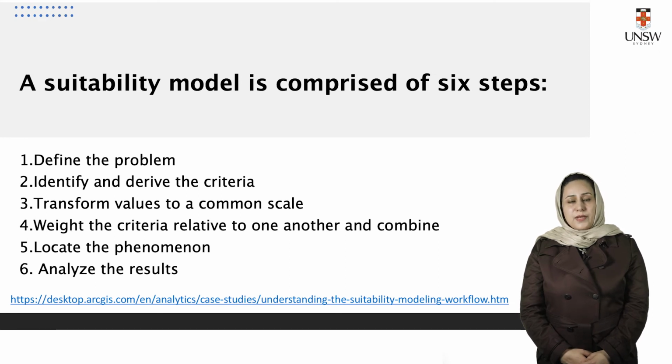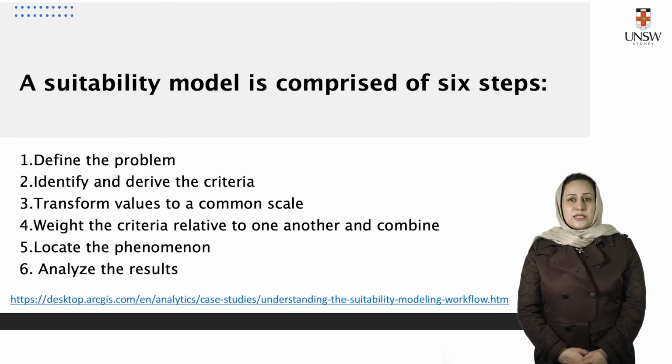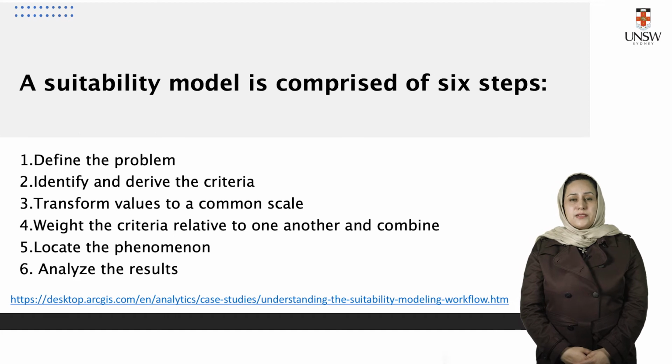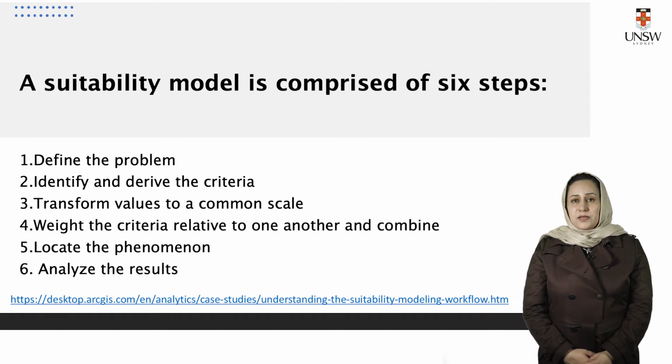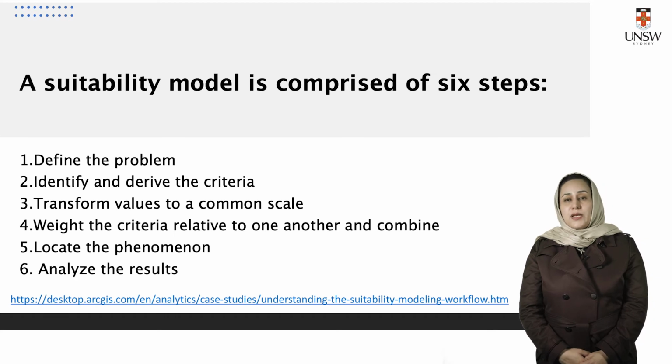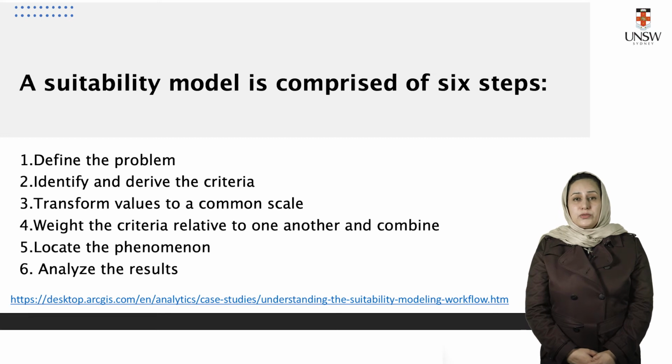The fourth step is to assign weights to each criteria based on its importance for the analysis and then combine all the weighted layers. And the fifth step is to locate the phenomenon, and the last step is to analyze the results by an expert or a group of experts from different disciplines.